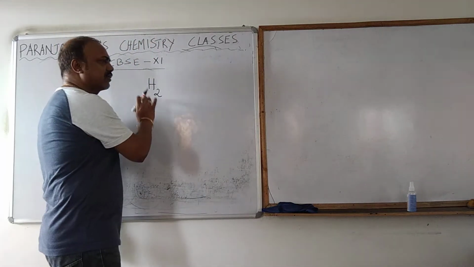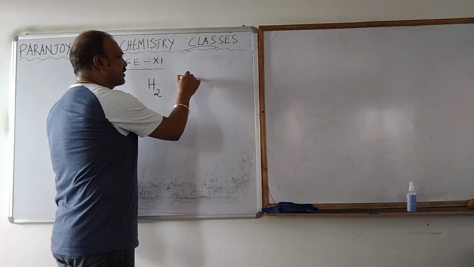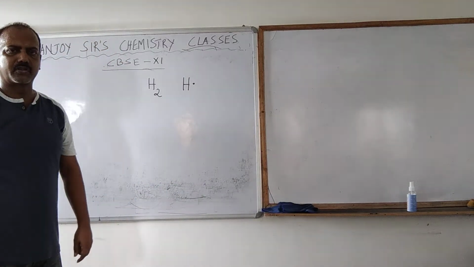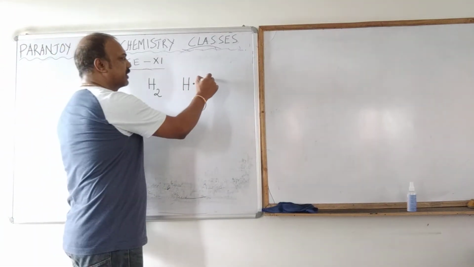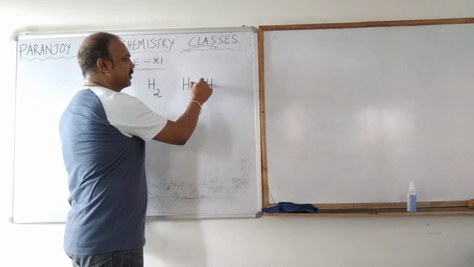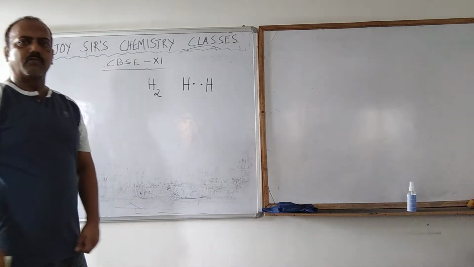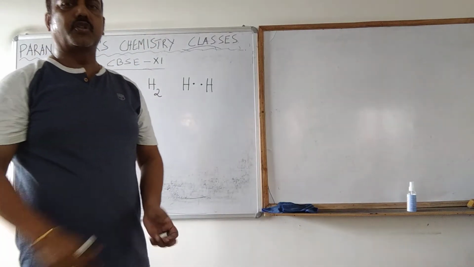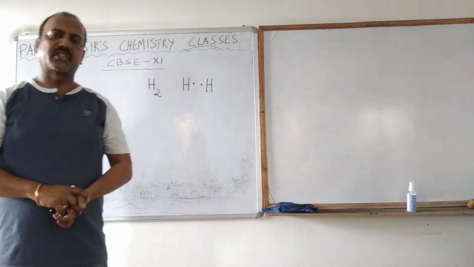Hydrogen has only one electron, and that is in the valence shell. So hydrogen is drawn like this, H with a dot. Another hydrogen atom is also drawn as H with a dot. Now, the Venn diagram: each atom in the chemical bonding should be represented by a circle.